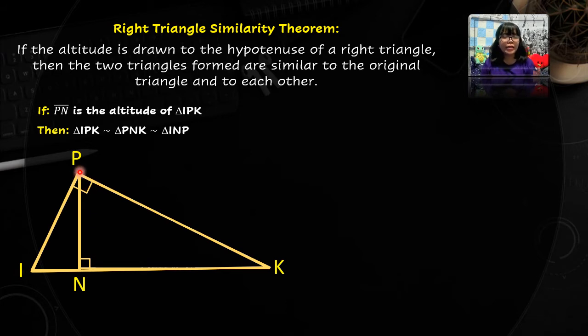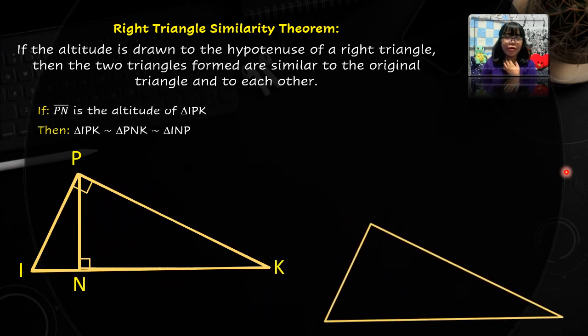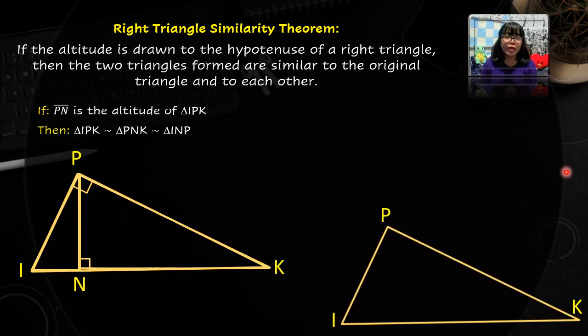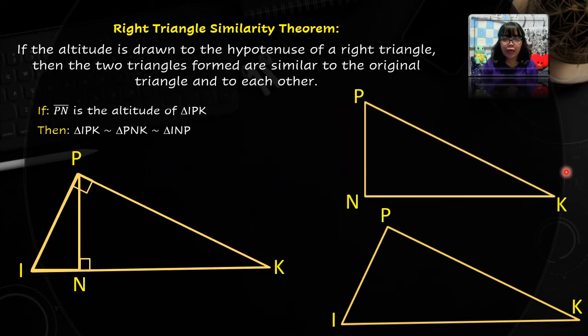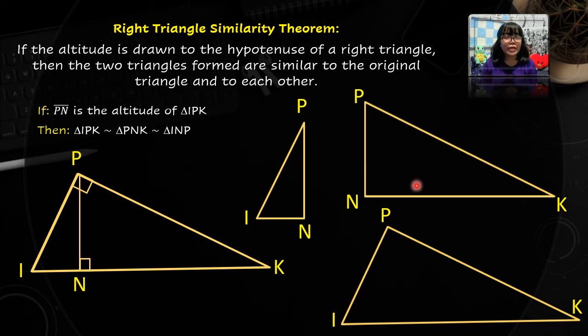Now notice that after drawing this altitude, we have formed another two triangles. So aside from the original triangle, triangle IPK, we have formed another two triangles, namely triangle PNK and triangle INP. So there are three triangles now that are formed after we have drawn the altitude of our original triangle.